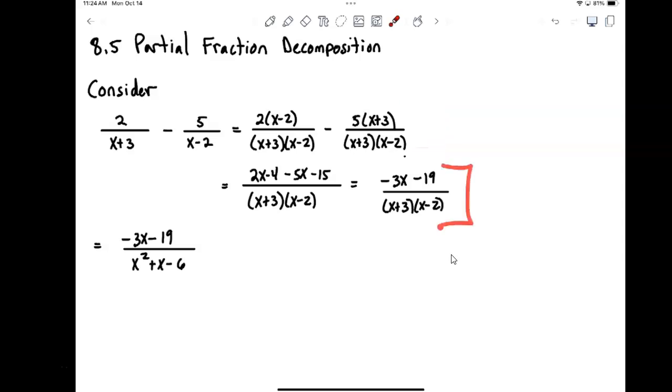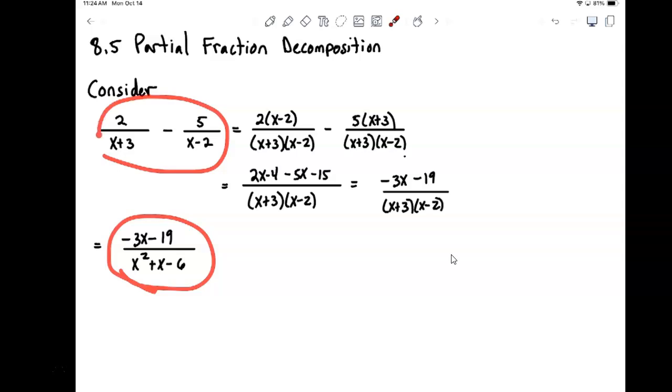Okay, so this is an algebra 2 problem where you're putting fractions together, right? And a lot of times, probably in algebra 2, you're just told to leave that alone. But here I want to multiply it out, because here's why we need this process. This fraction here could be written in terms of these two fractions. In algebra, you'd be like, why would you ever do that?